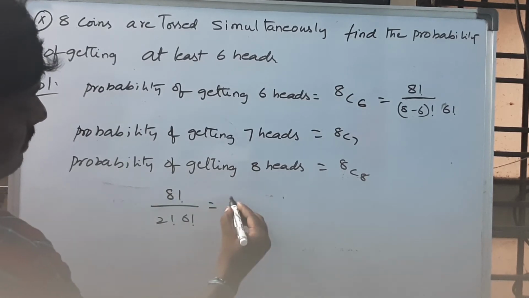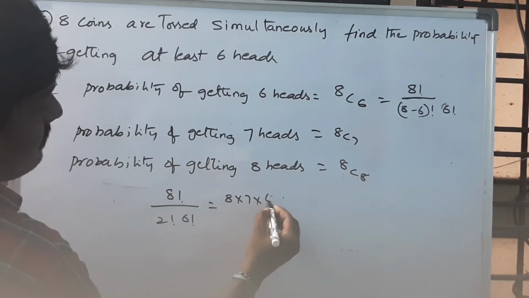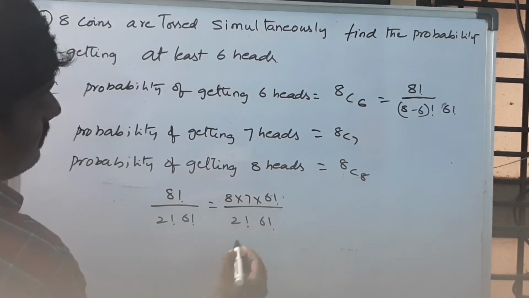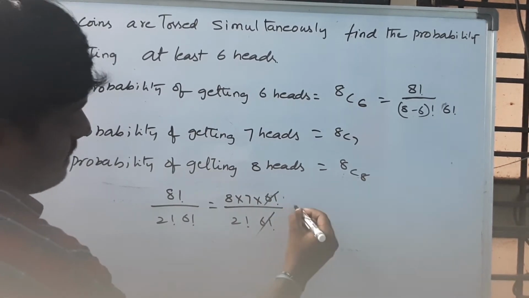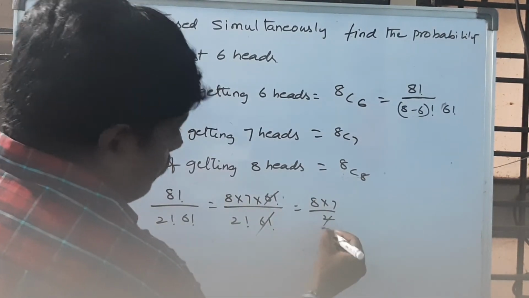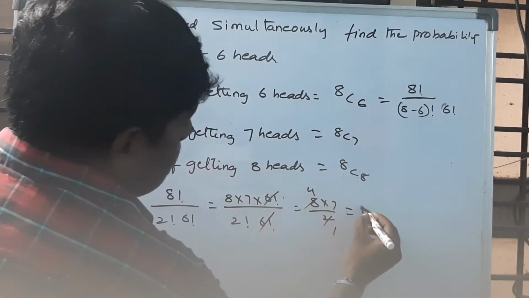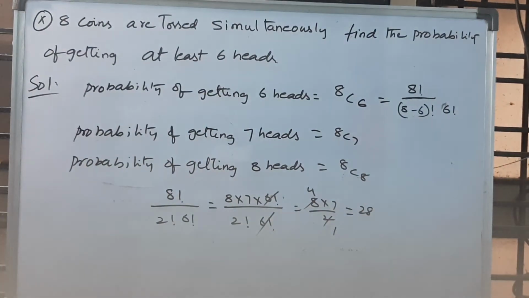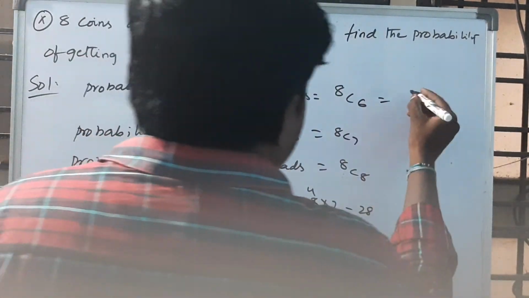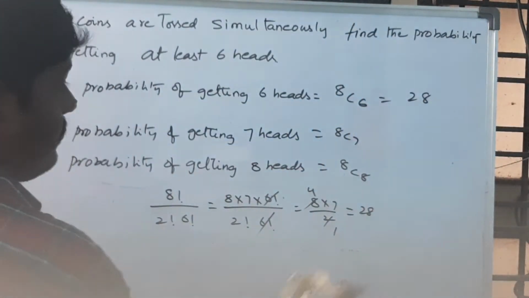This 8 factorial can be written as 8 into 7 into 6 factorial by 2 factorial into 6 factorial. 6 factorial gets cancelled. The remaining is 8 into 7 by 2. 2 factorial is nothing but 2. 2 ones are 2, 2 fours are 8, 7 fours are 28. So the total value of 8C6 is 28. So what about 8C7?